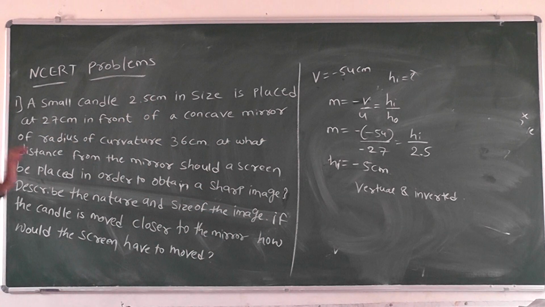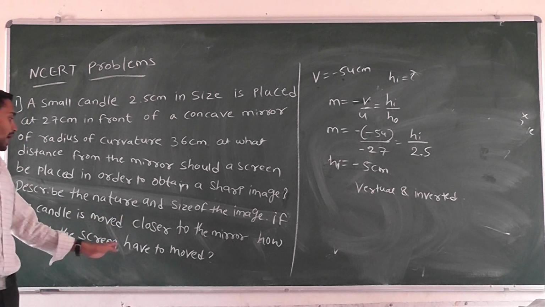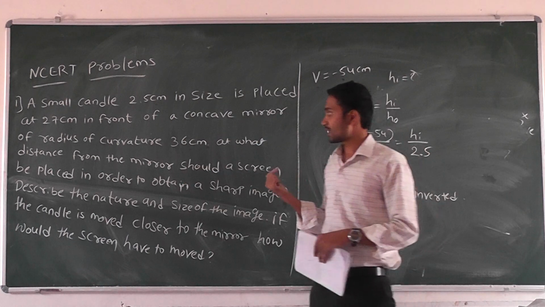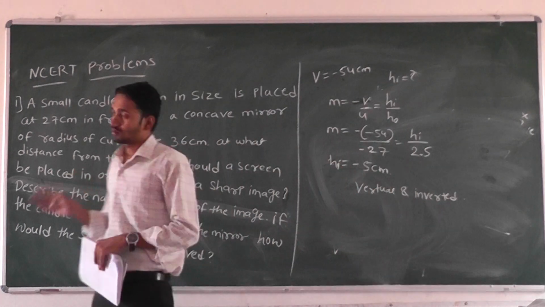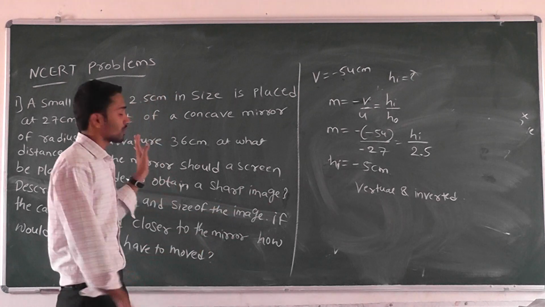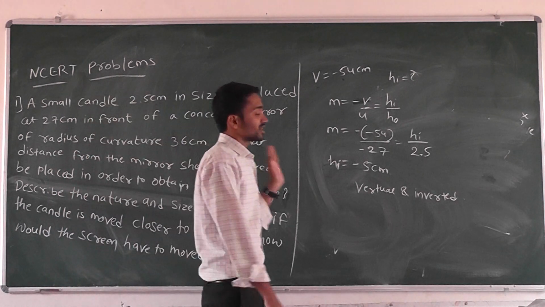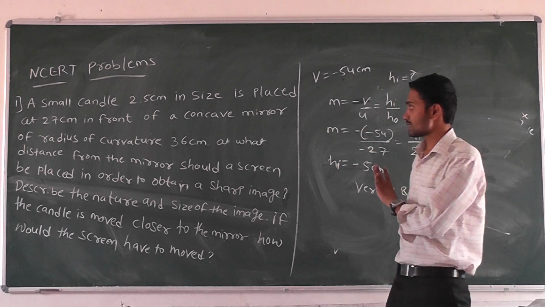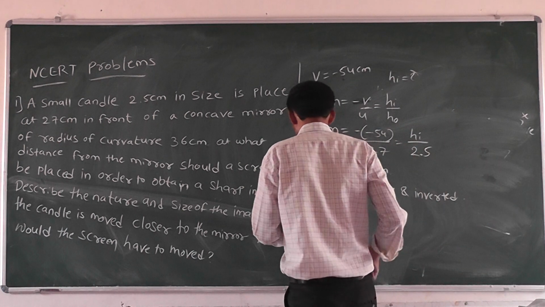If the candle is moved closer to the mirror, how would the screen have to move? What happens in the mirror equation, which we use to find the focal length of a concave mirror? When the object distance decreases, the image distance increases.